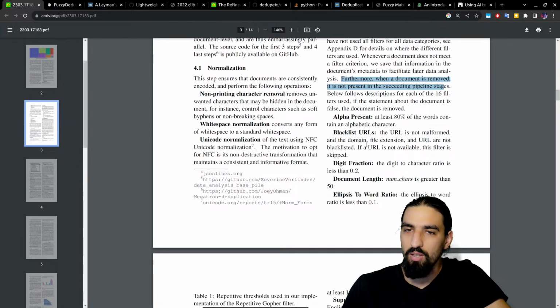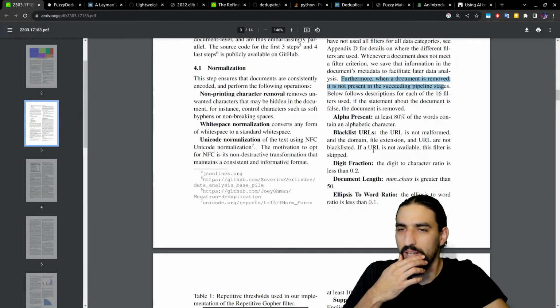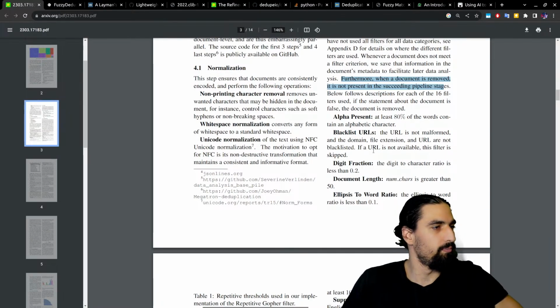Okay. Blacklist URLs. The URL is not malformed, and the domain, file extension, and URL are not blacklisted. If a URL is not available, this filter is skipped.